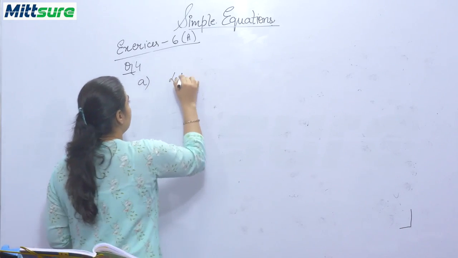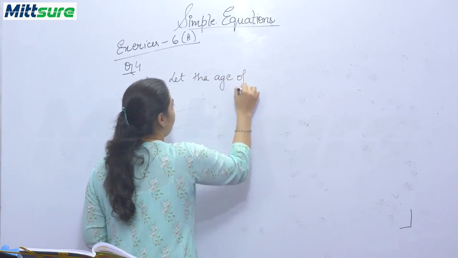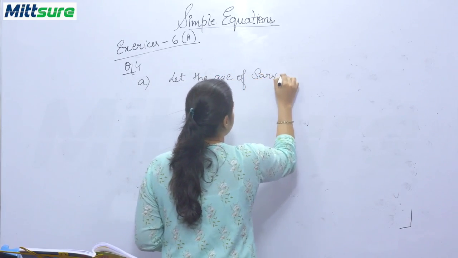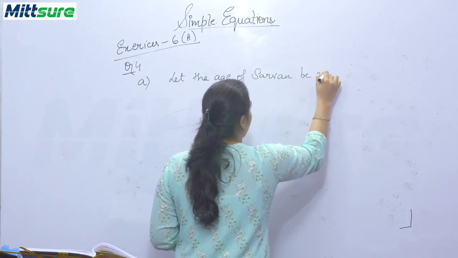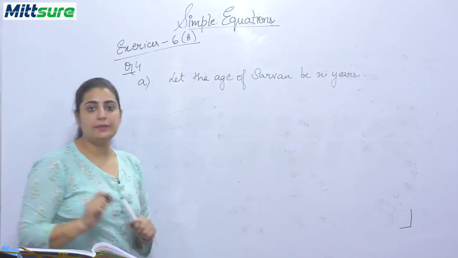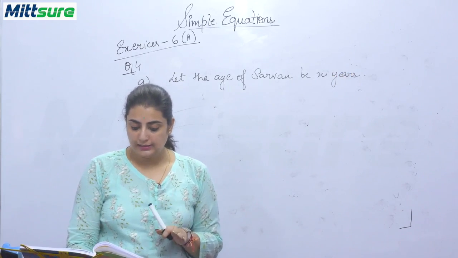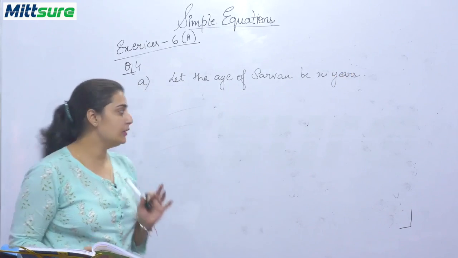Take Sarvan's age as x years. So let the age of Sarvan be x years. Now Sarvan's father is 3 times as old as Sarvan.